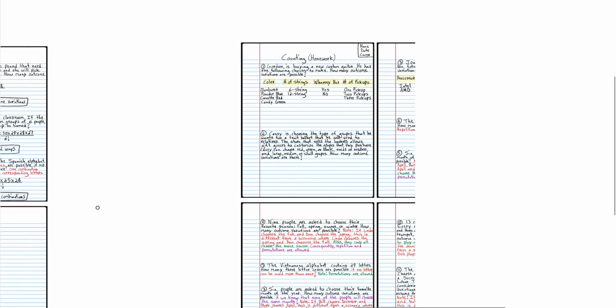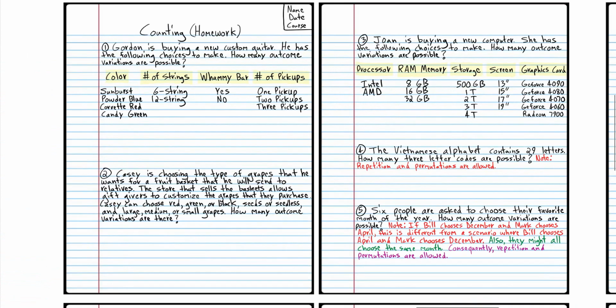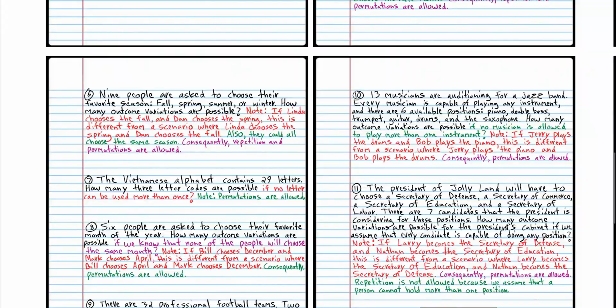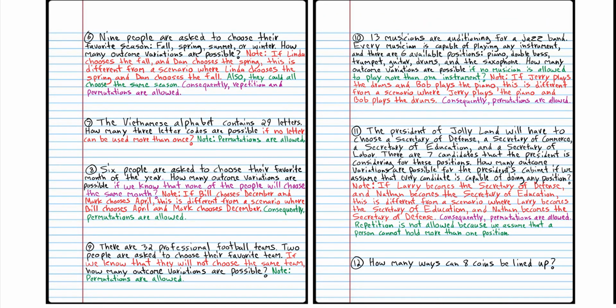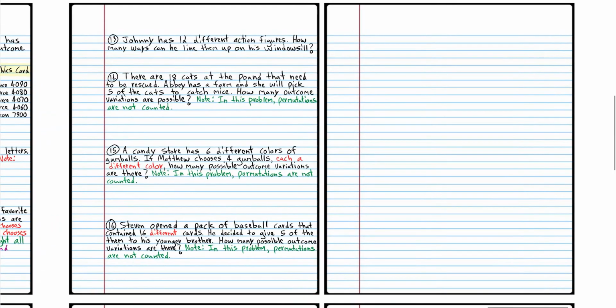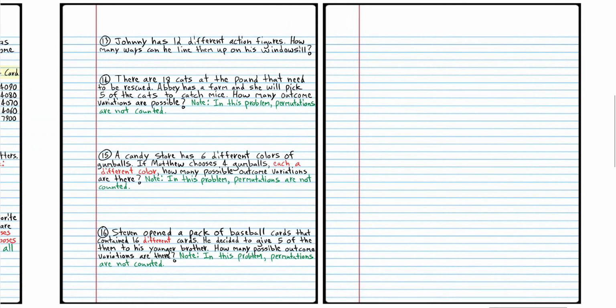Remember, the homework is not optional. So here's screenshot number 1 of the homework, and number 2, and number 3. And remember, it's not enough just to attempt the homework. It must be done completely and correctly.